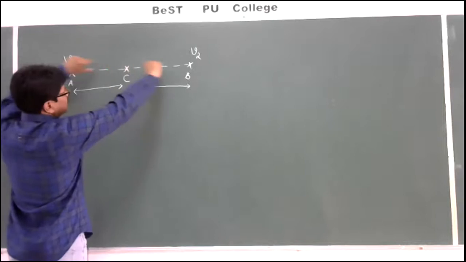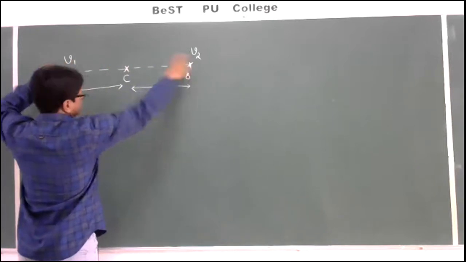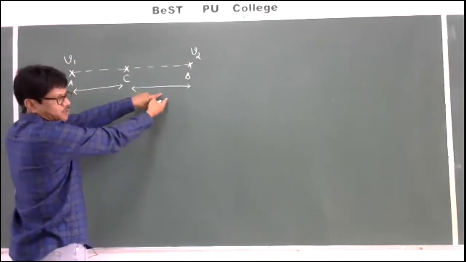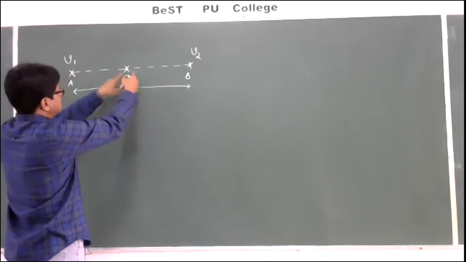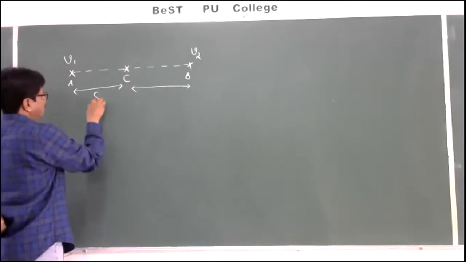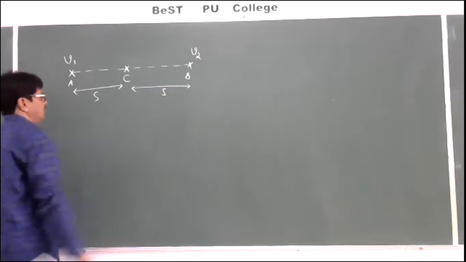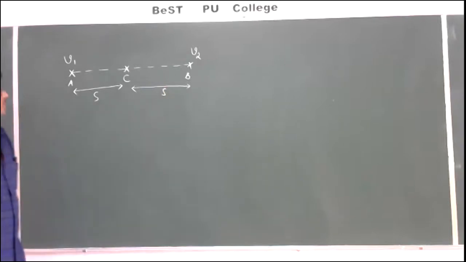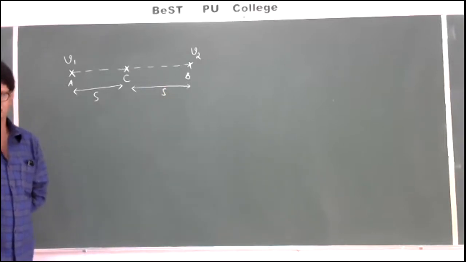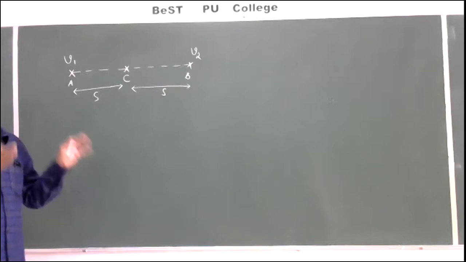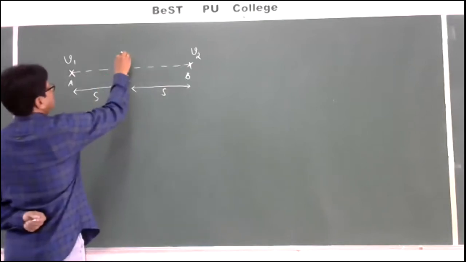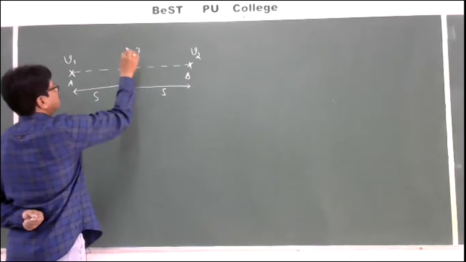If the total distance is S, this will be S by 2 and this will be S by 2. And what will be the velocity here?